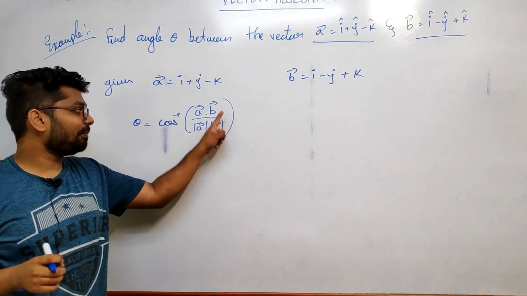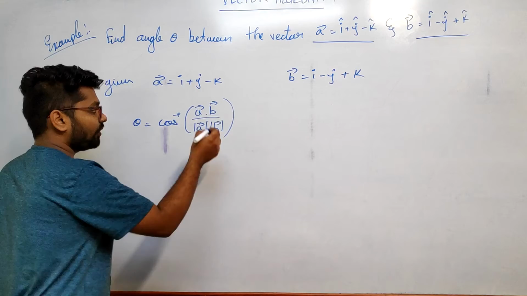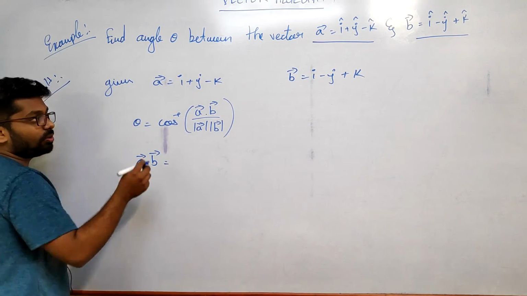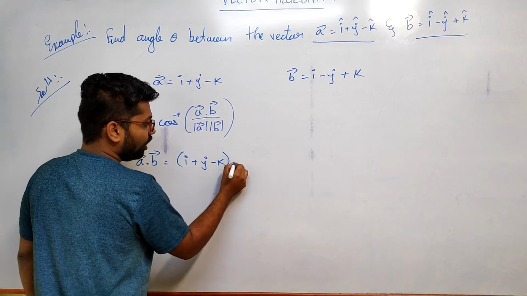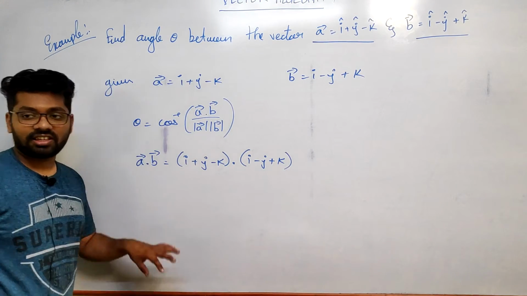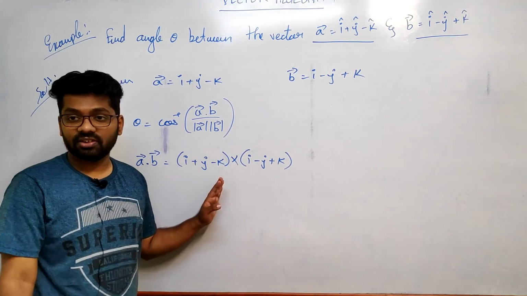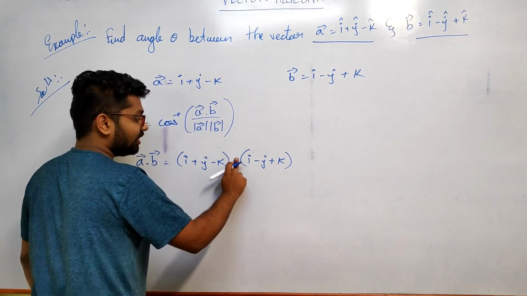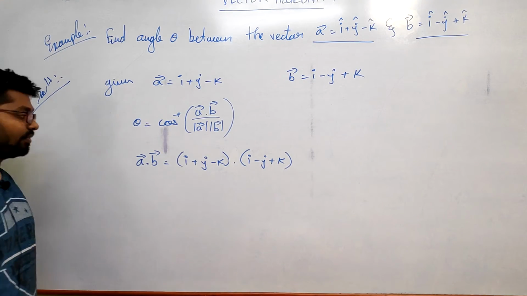And you do not have even one of these terms. So we need to take everything out. First of all I will find a bar dot b bar. I will tell you how to multiply two vectors now. i plus j minus k dot i minus j plus k. Just remember, when I say multiplication, what everybody thinks is to directly write a cross and leave it. This is the utter mistake everybody makes. When we say multiplication, here we are speaking about the dot product. It means you are going to put a dot itself. Understood?